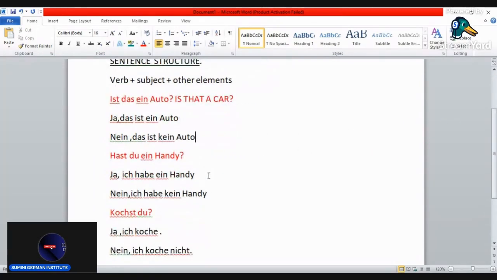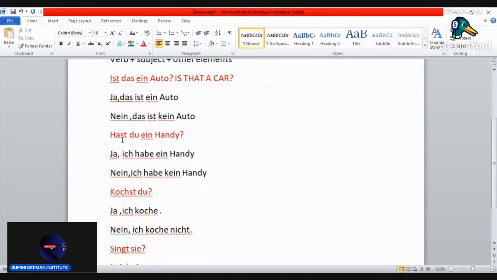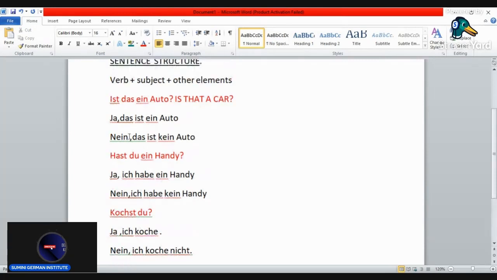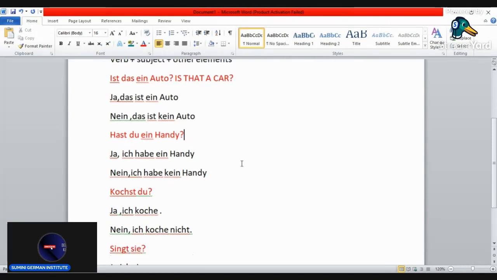Let's see another sentence. Hast du ein Handy? Do you have a phone? So our sentence structure is verb, subject, other elements. So how do you answer to that?